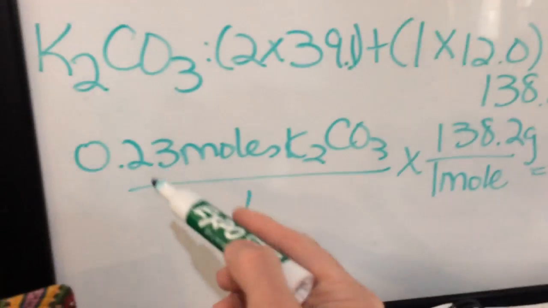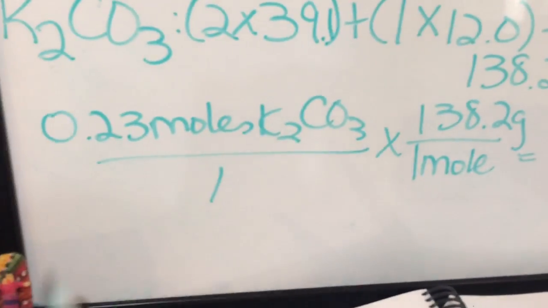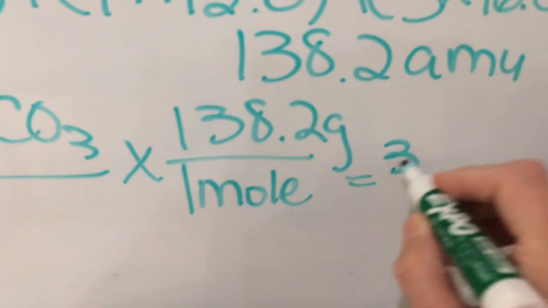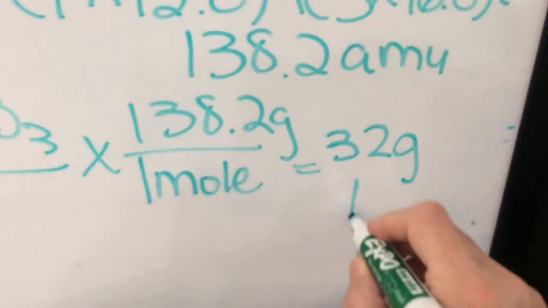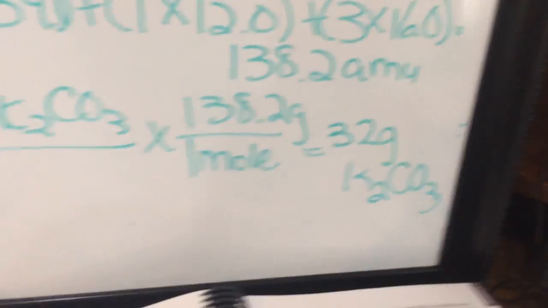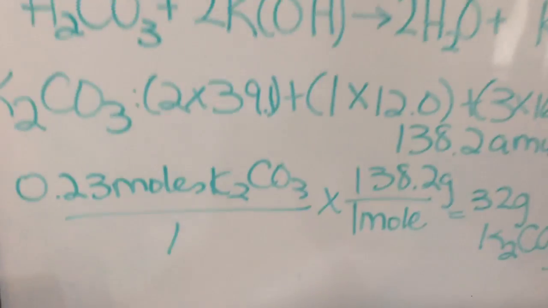I multiply it out. I only need 2 significant figures here. I have 4 here. I go with 2. So my answer is going to be 32 grams of K2CO3. If you watch this and you still have problems, I'll be glad to help you with another problem. Okay, thanks.